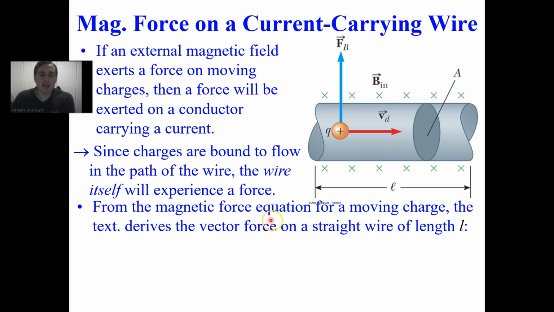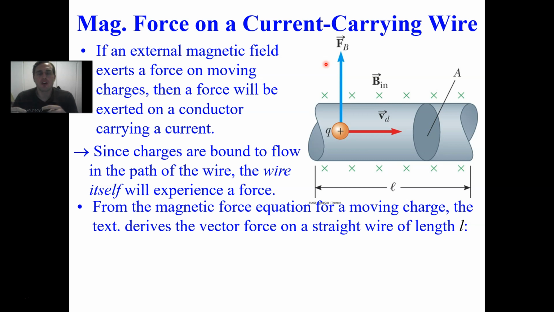And from the magnetic force equation for a moving charge, we can derive the vector force for a straight wire of length L. The derivation is actually very similar to what we've seen before for magnetic force. Instead of qv cross B, what if q actually changes in time?